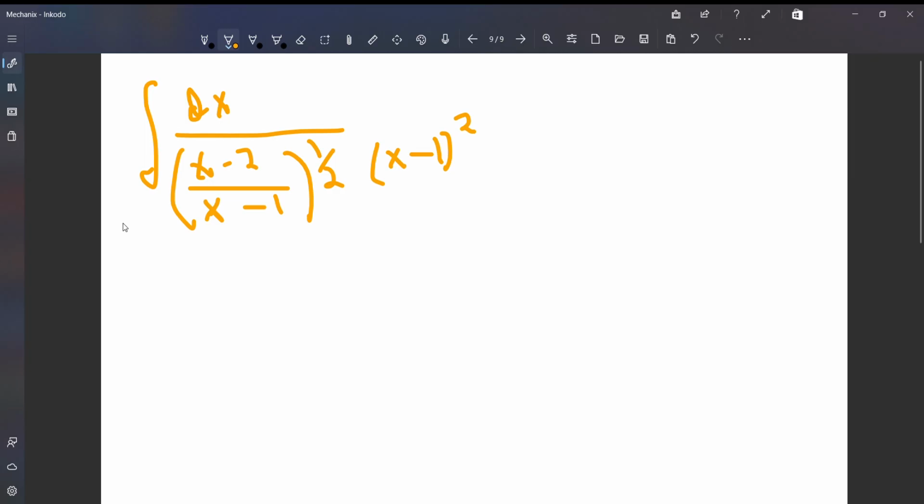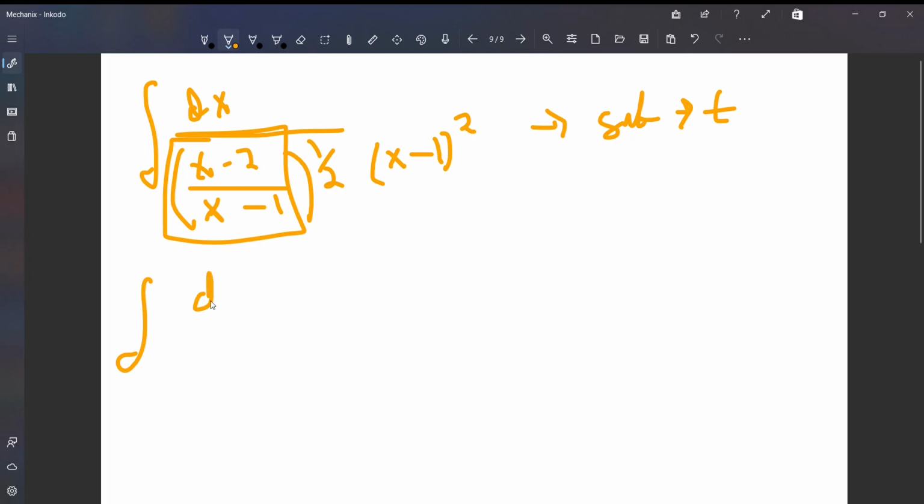So what I'm going to do here is again our good old substitution method and substitute this fraction term we've gotten as t. So dx over t to the power half into x minus 1 whole square.